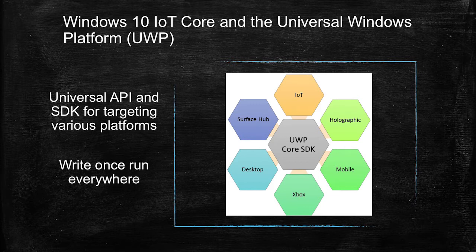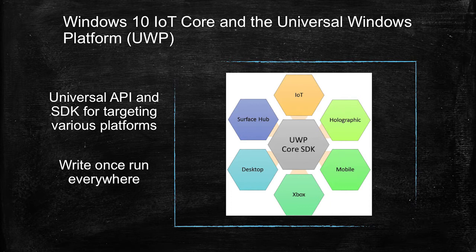Windows 10 was designed in a way that there is a core software development kit, called the Universal Windows Platform, and there are specific extensions for each platform. There is a core, and if you target desktop, you have some extra extensions for desktop apps.